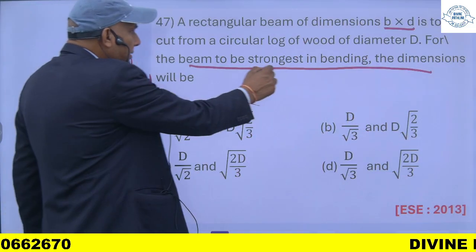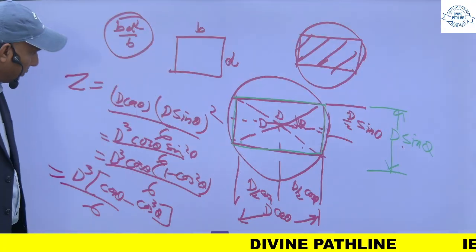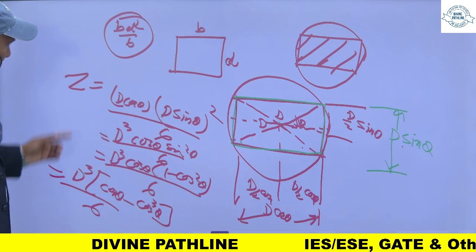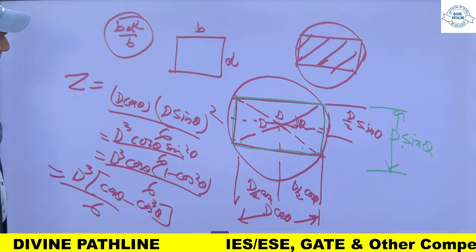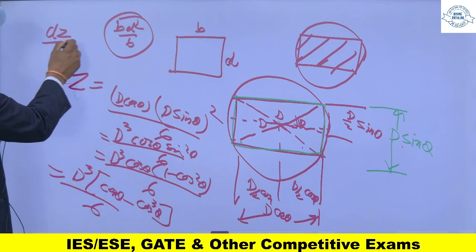For the beam to be strongest in bending, its section modulus Z should be maximum.